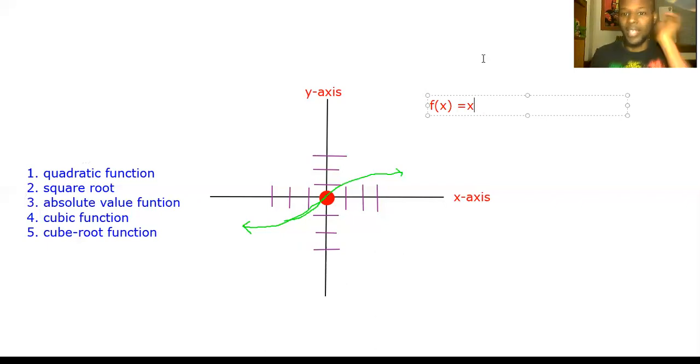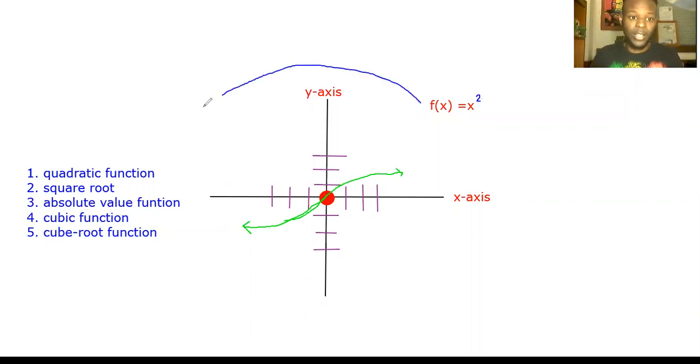I would just simply write the number 2 in the upper right hand corner. I'm going to do a different color, blue. There, that is the function. That's number 1, the function of x squared, okay? A quadratic function.